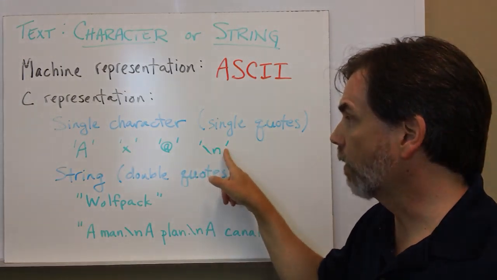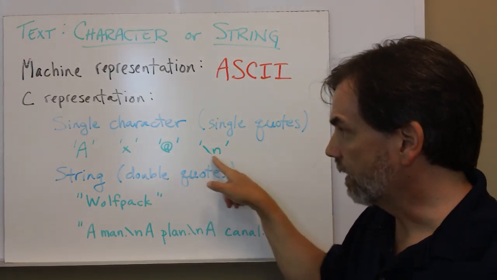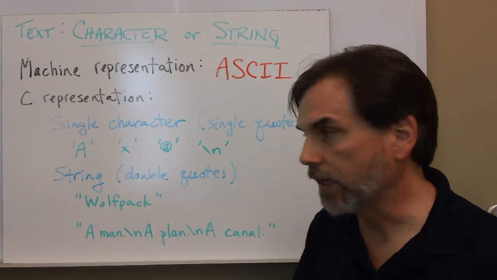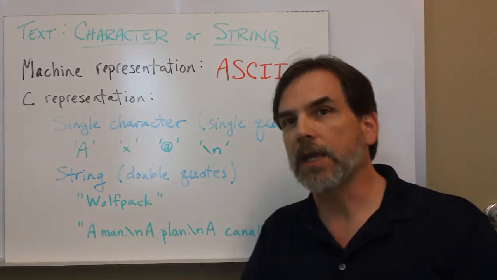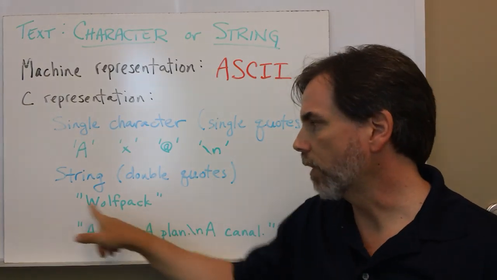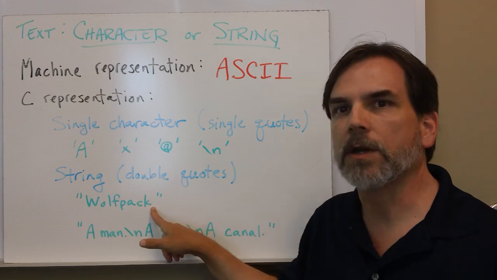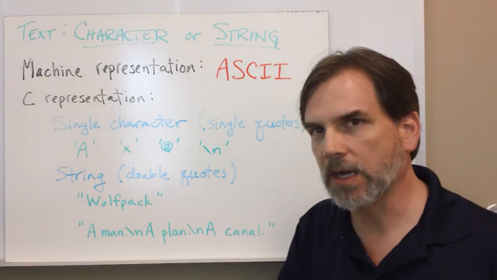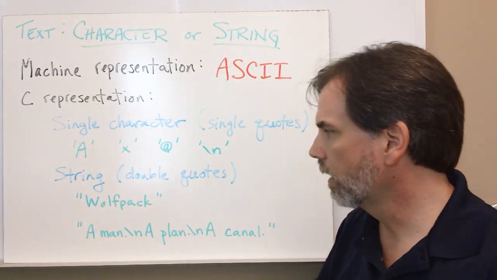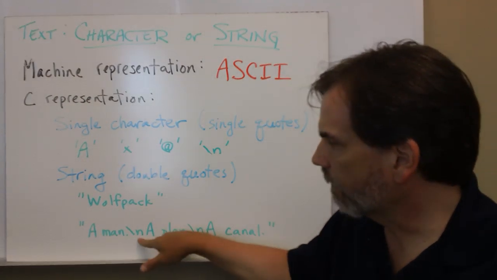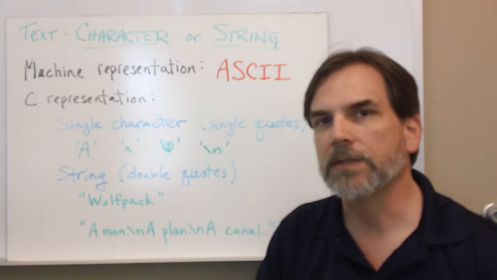Again, because it has single quotes, even though we write two things in here, this represents one character, the newline character. Now if we want a string, we have to use double quotes. When we use double quotes, we can put any number of characters in between them, and that's a sequence of characters that represents a single string. We can have spaces, punctuation, line feeds, whatever we want inside that string.